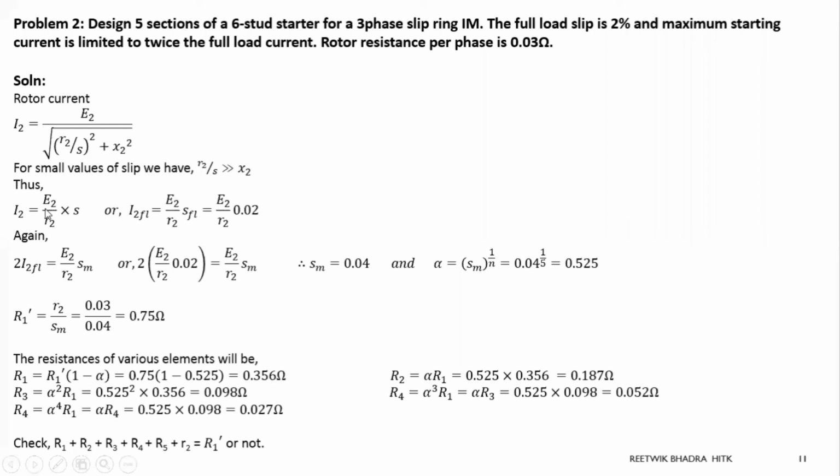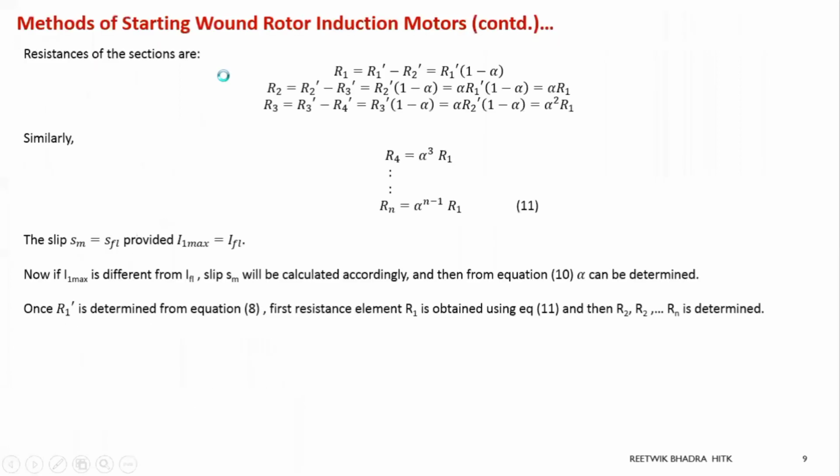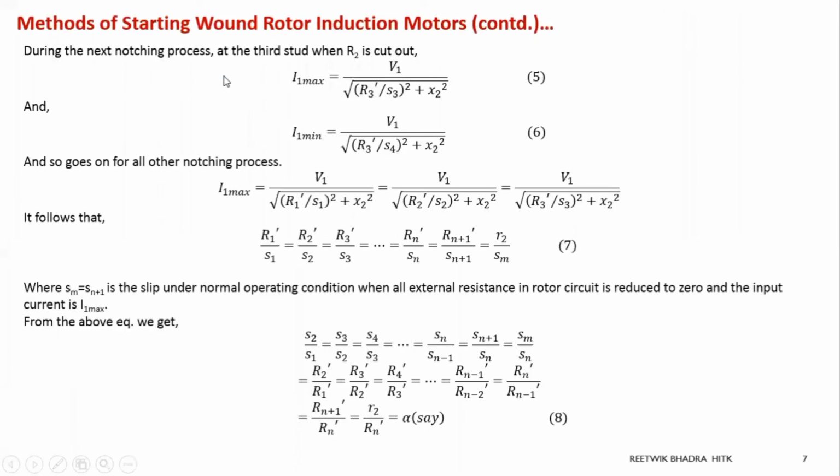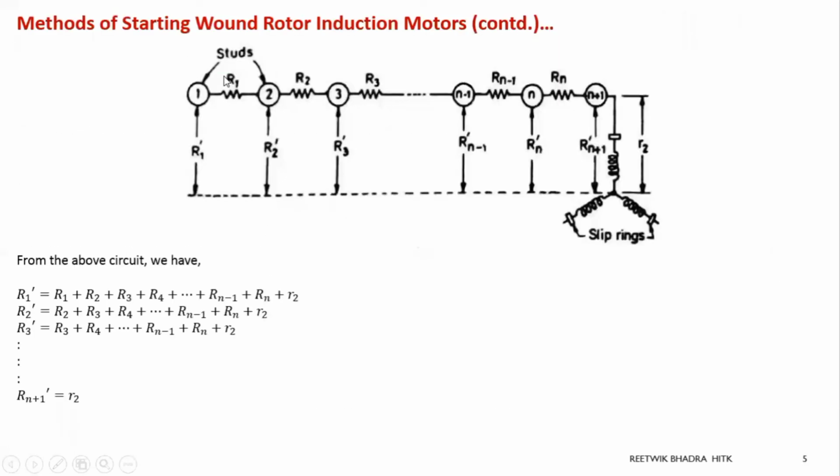Okay, at low values of slip. So this stud, what does stud mean? These studs that I was showing, studs mean connection points. These points are studs. If the handle is here, then all the resistances will be connected. Here this is the stud; if the handle is here, then from R2 to this small r2 it will be connected. These are connection points.